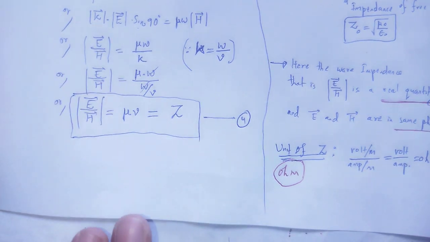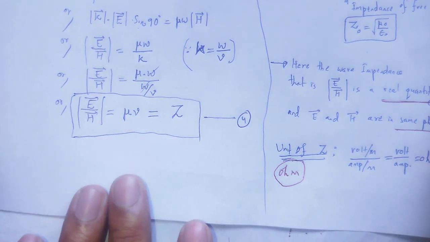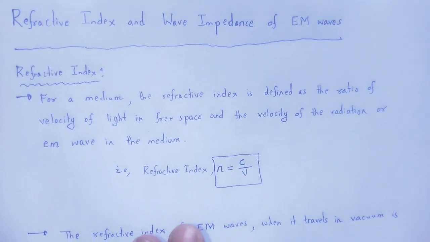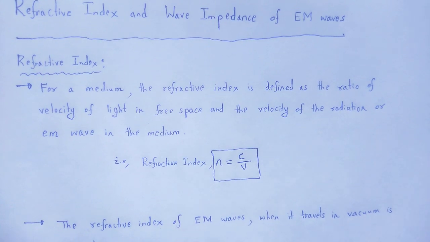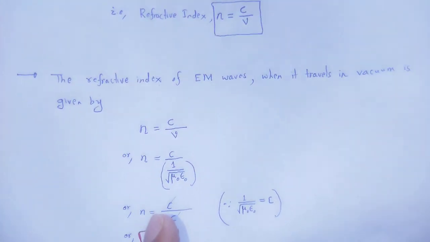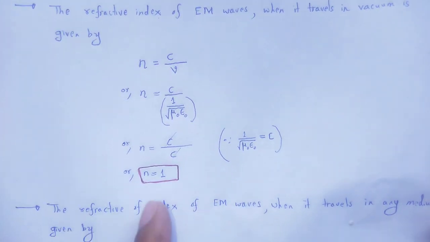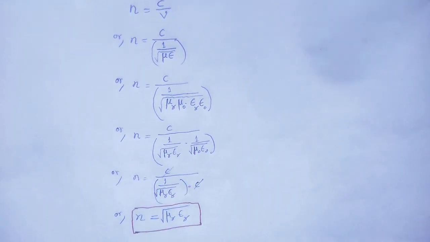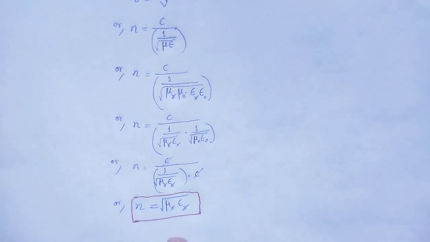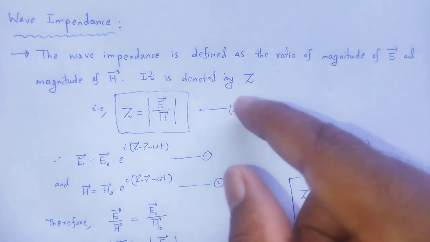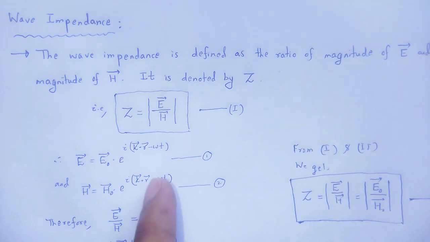So here, with the help of this video lecture, we understand the concept of refractive index and wave impedance of electromagnetic waves. First we define what is refractive index, then refractive index of electromagnetic waves when it travels in vacuum, and the refractive index when it travels in any medium. Next, wave impedance. First we define what is wave impedance, then various forms of wave impedance.